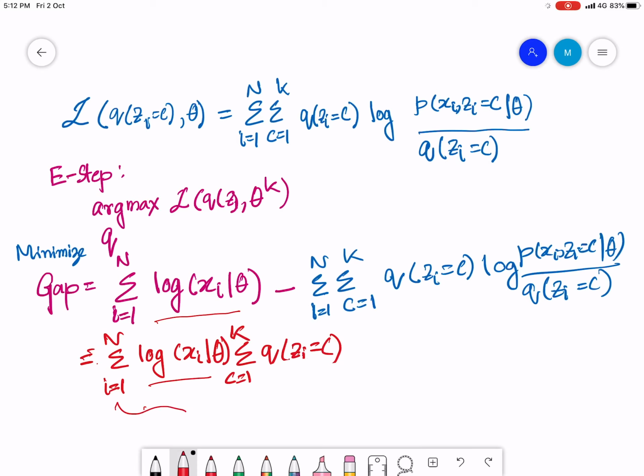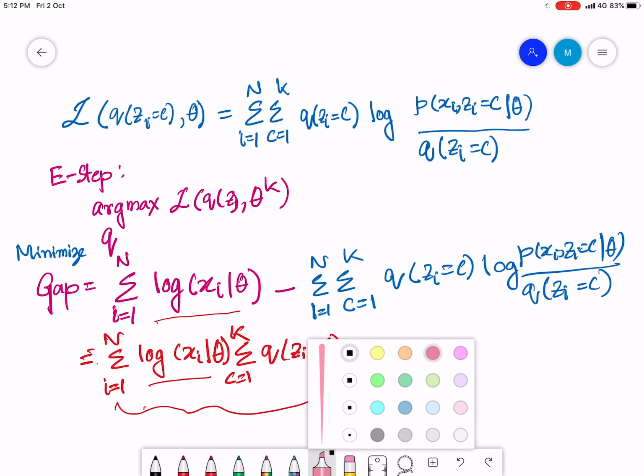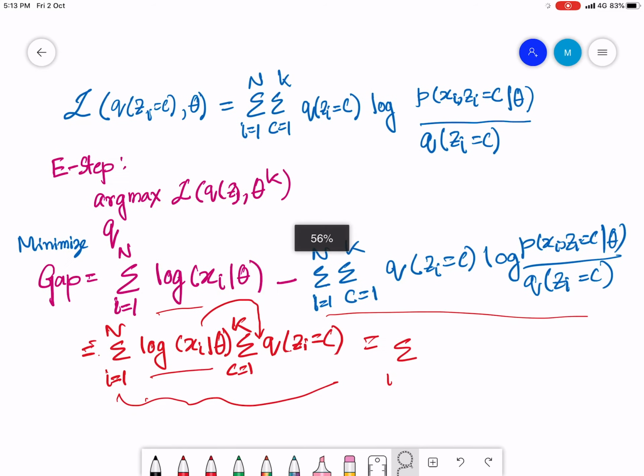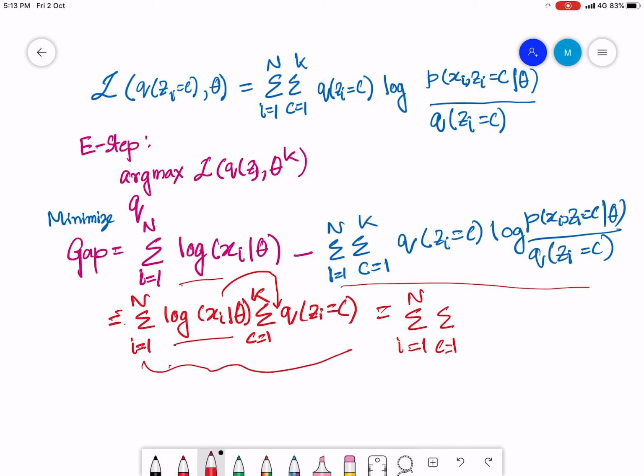So this entire quantity, I can bring in here, because this is independent of C. It does not depend on C. So if we do that, this becomes, I'm not writing this part right now, this becomes the summation over i equals 1 to n, c equals 1 to k.